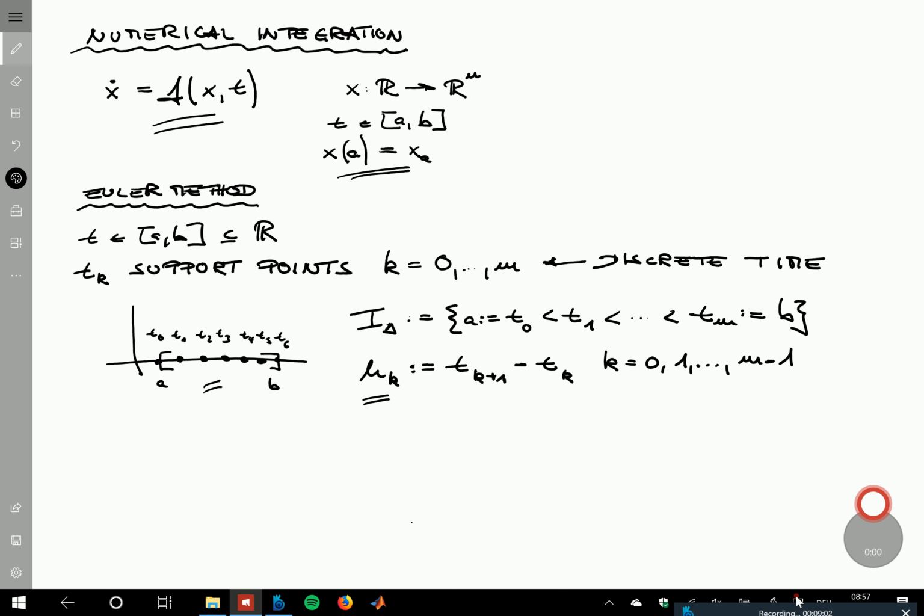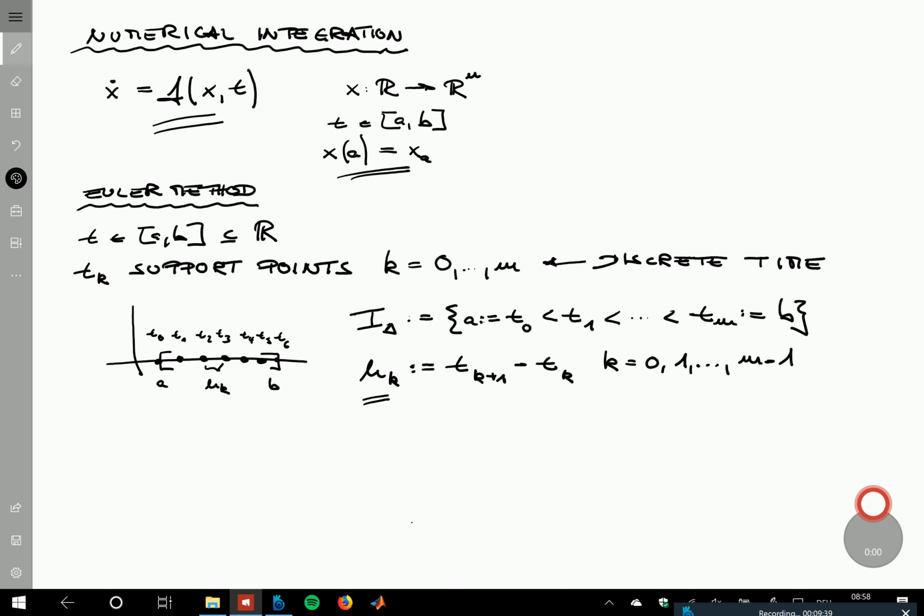So the important thing here is that we denote the difference between tk plus 1, so for example between t3 and t2, this distance here, by hk, and we can in addition assume that the hk are all the same, so that the points are equidistant, but we don't have to. So basically, so far not much has happened. We just split up this continuous interval into a discrete set of support points.